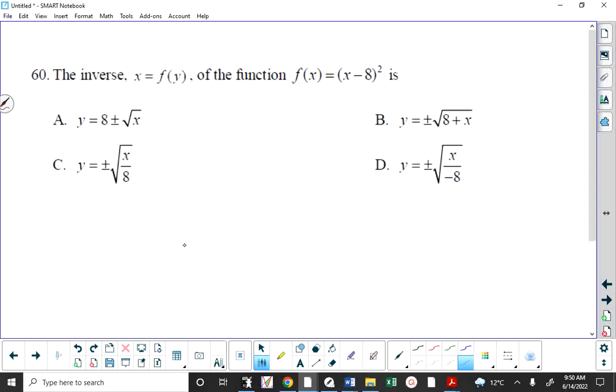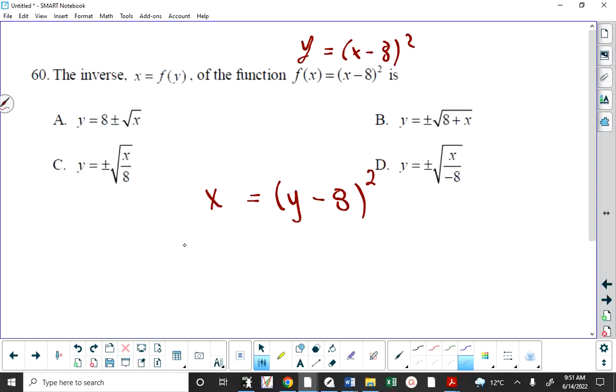So I'm going to take this equation, which is y equals (x minus 8) quantity squared. I'm going to switch x and y and get this. Now, that's the inverse. Unfortunately, life is not that simple. One of these things is equivalent to this. So we have to rearrange this for y.